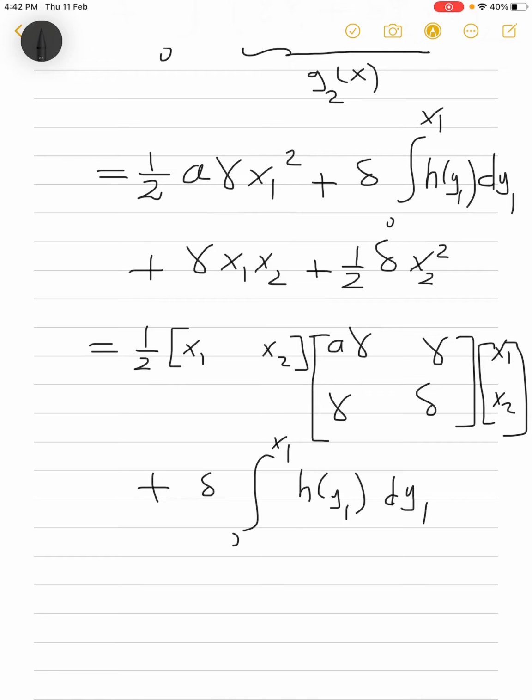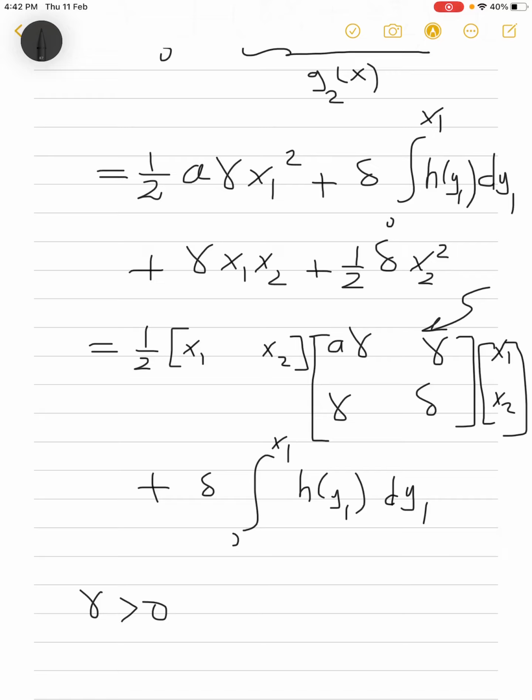Now, in order for this function to be positive definite, we require this matrix to be positive definite. And as I mentioned before, this would be positive definite if all minor determinants are positive. So we require, of course, gamma to be positive. A is already positive as assumed at the beginning.